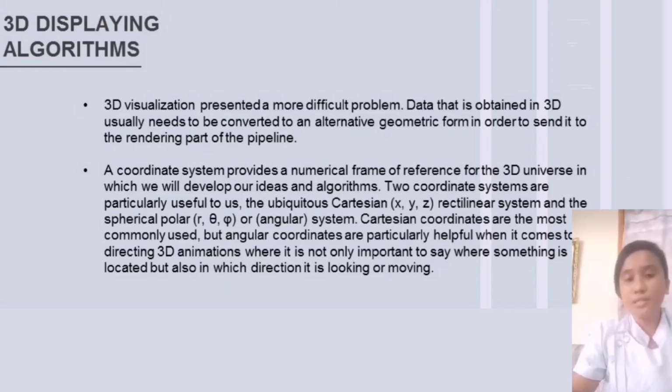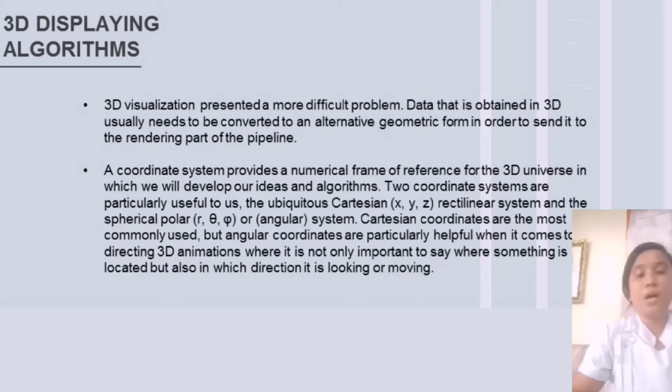Two coordinate systems are particularly useful to us: the ubiquitous Cartesian XYZ, the rectilinear system, and the spherical polar or angular system.